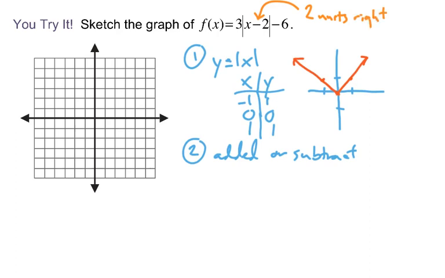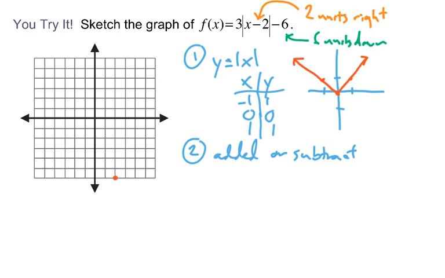And then outside the function, I see a negative 6, and that's going to tell me to go 6 units down. This tells me where my origin moves to. My origin is usually at 0, 0, but I'm going to count 2 units to the right and 6 units down, and that puts it right there at the bottom.